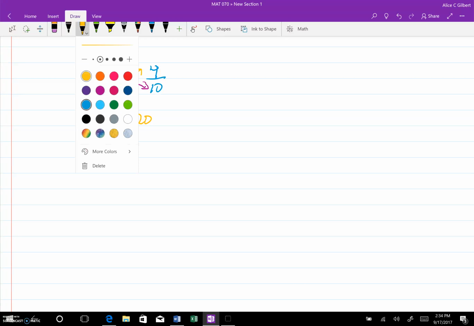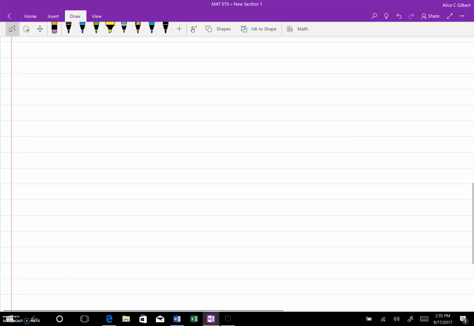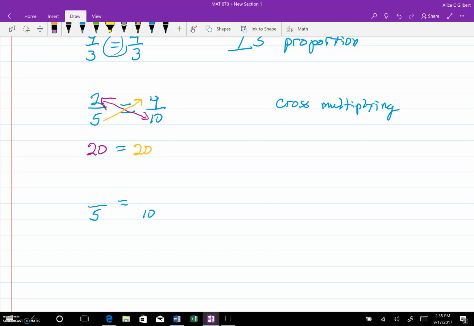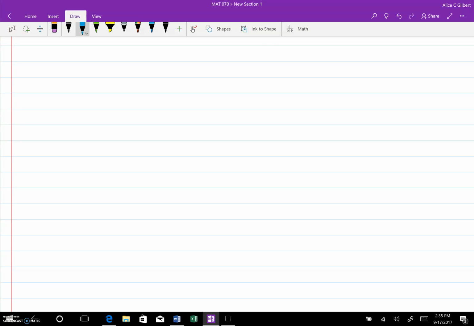In other words, this method isn't just reducing each side, it's called cross multiplying, and you can only do that when you've got just one fraction on one side and one fraction on the other. And all we're doing is doing this just to see if these are proportions or not. If they come out to be exactly the same, then it is a proportion.